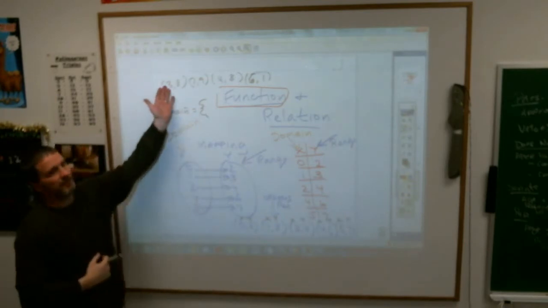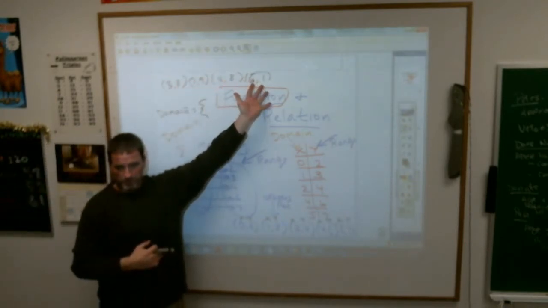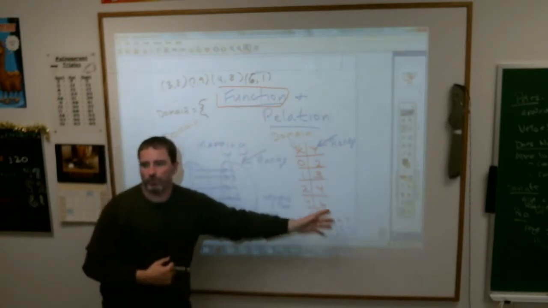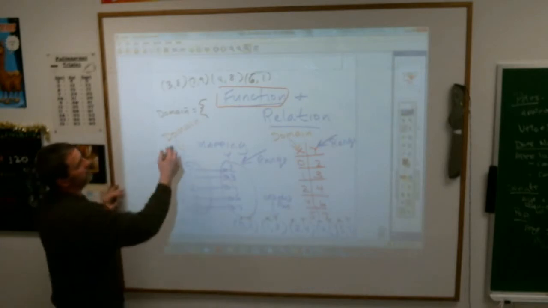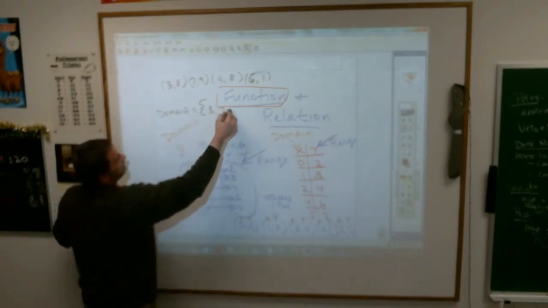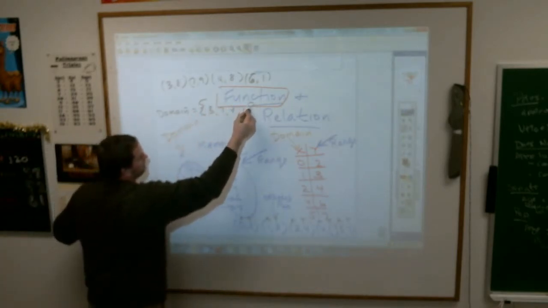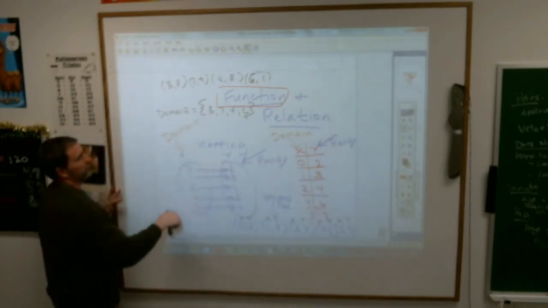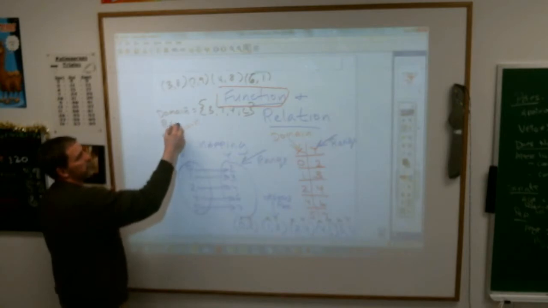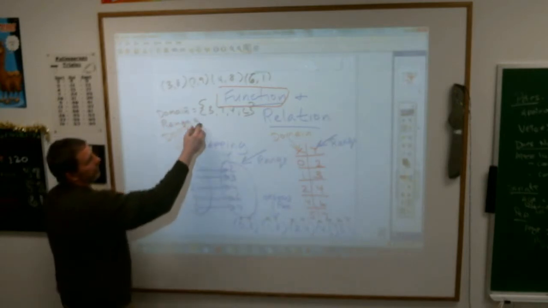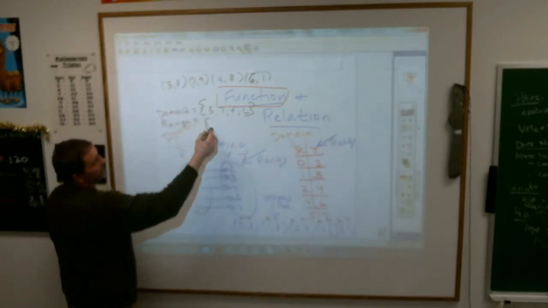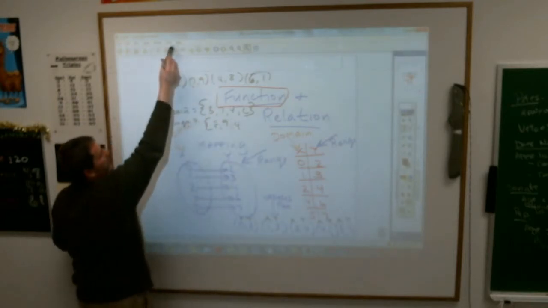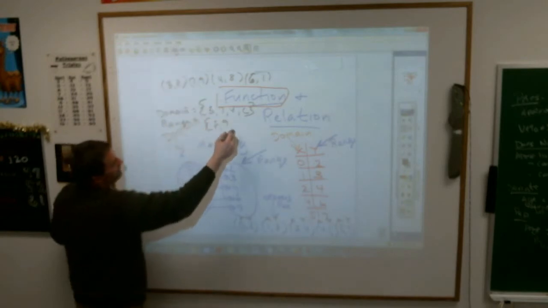It's just the x numbers in all of them, so it would be 3, 7, 4, and 6. It's just the first numbers. And the range would be all of the y numbers, the second numbers: 8, 9, and 1. I already have an 8, so I don't need that again.